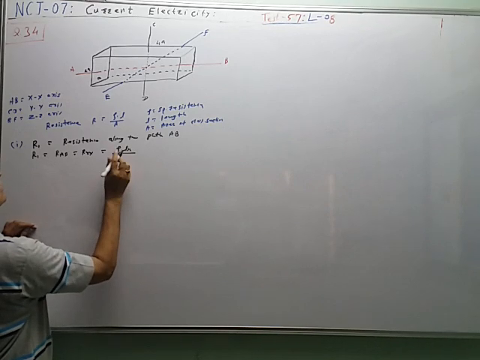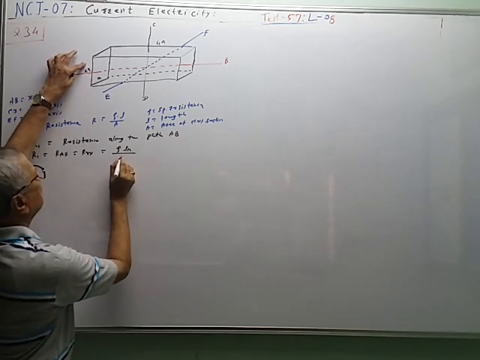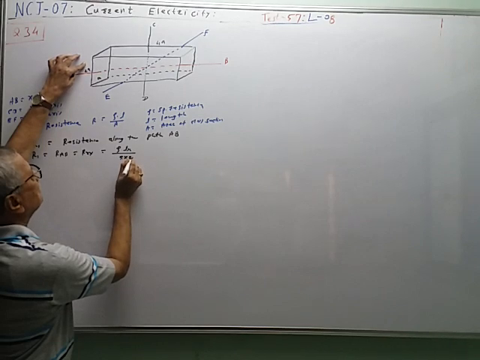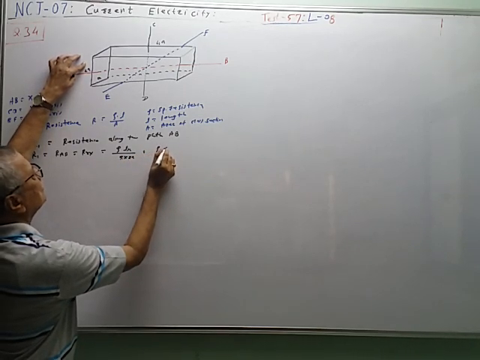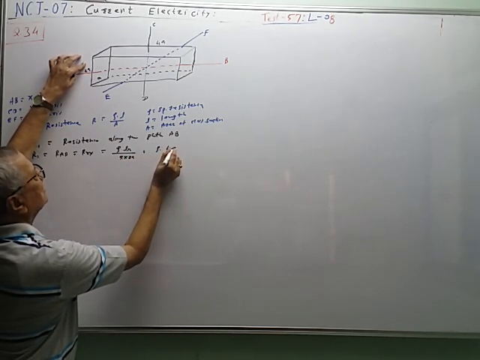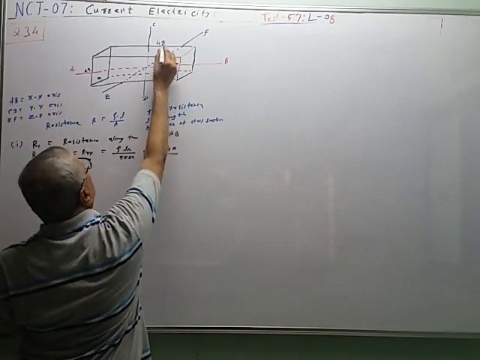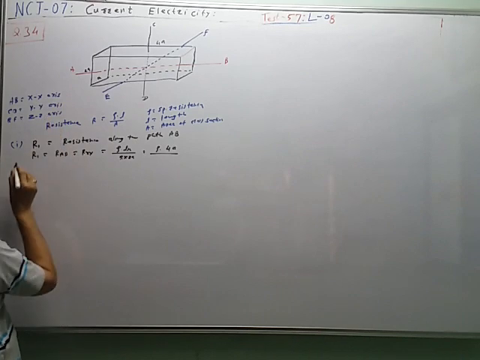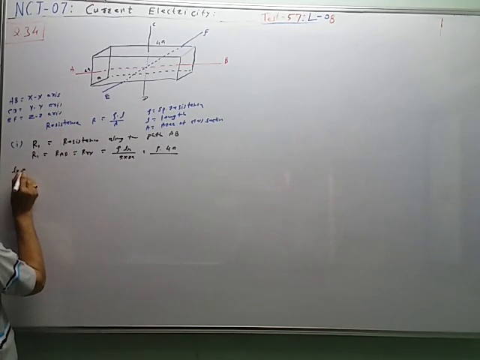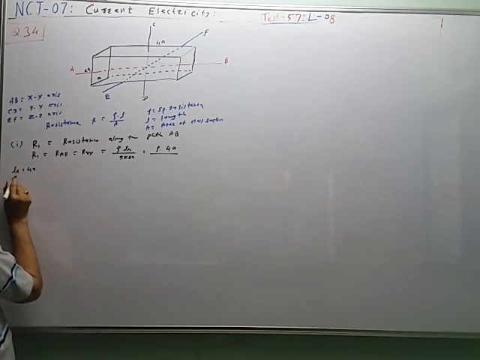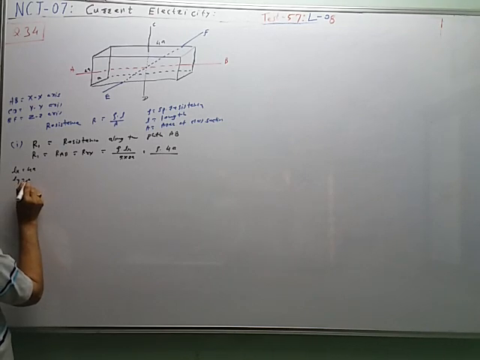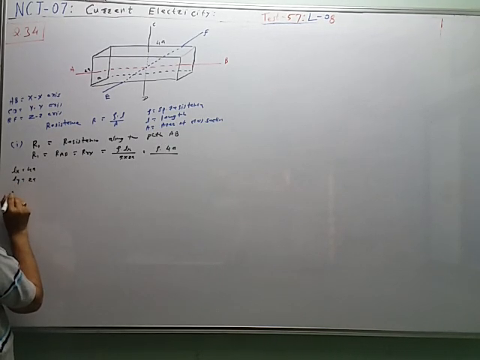R_xx is equal to rho into Lx upon the area of cross section. The area of cross section will be this a multiplied by 2a. Length Lx is equal to 4a, Ly is equal to 2a, and Lz is equal to a.